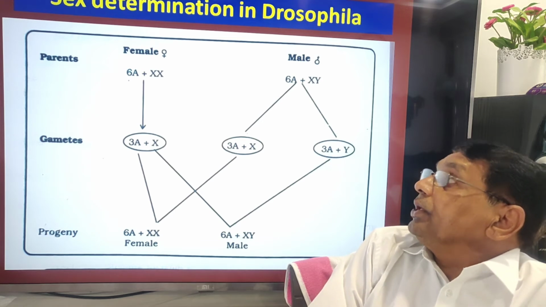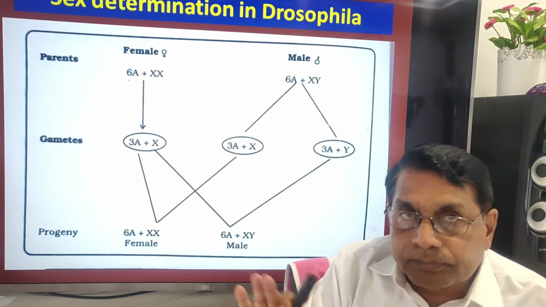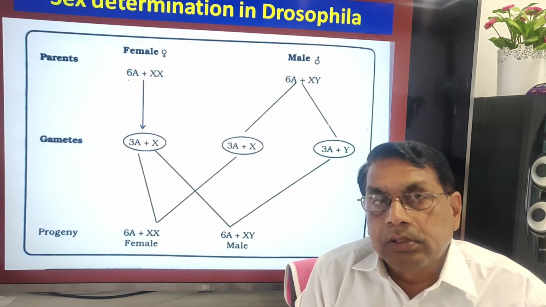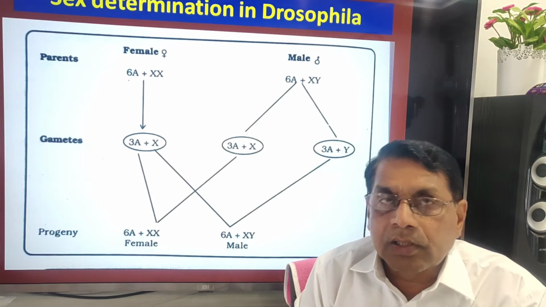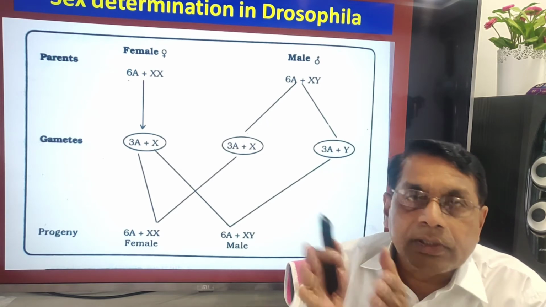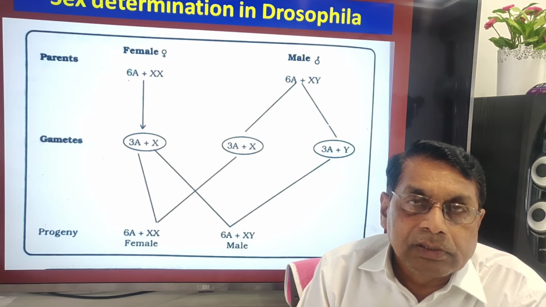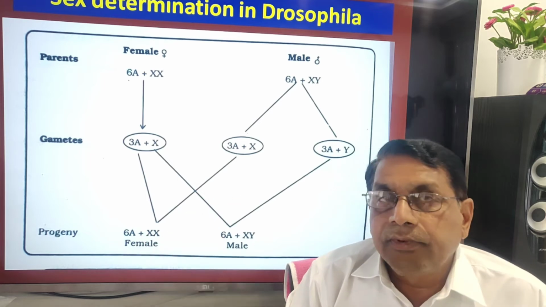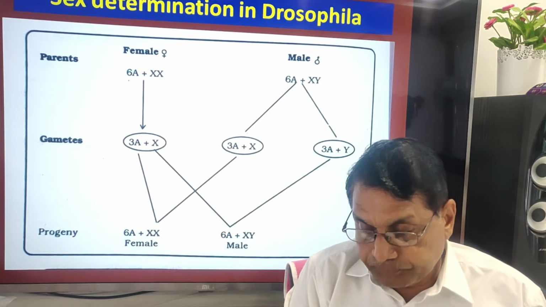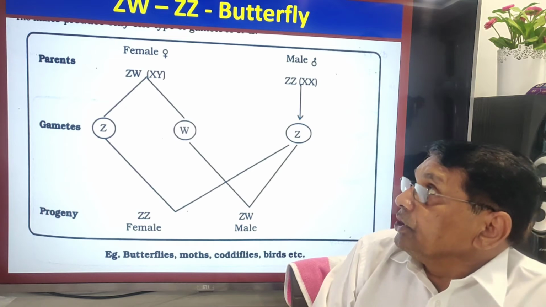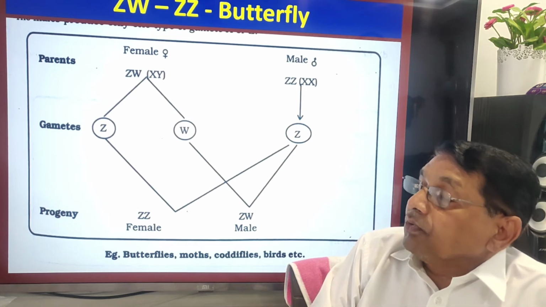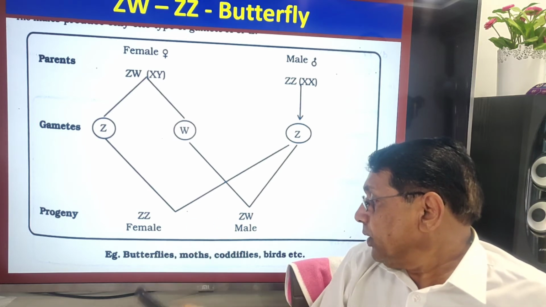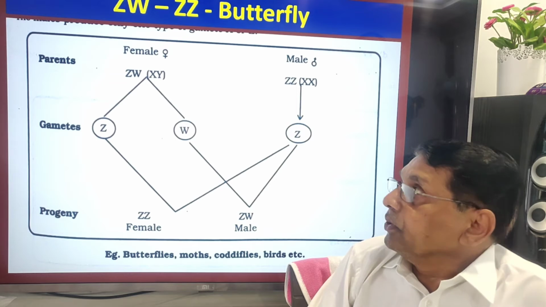Sex determination in Drosophila is also similar, because here also, just like human beings, female XX, male XY, therefore two types of gametes in males, only one type of gametes in females. If you take into account all possible combinations, male, female, 50-50 in the progeny. Then ZW, ZZ: butterfly, moth, caddisflies, all birds.